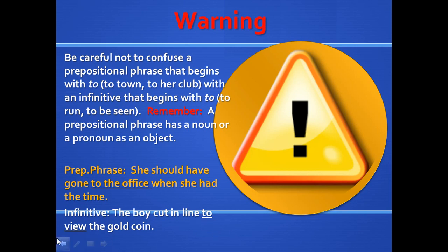So to here is the infinitive marker, and what comes after it is the verb in the infinitive or the clean form. This is the difference between the prepositional phrase and the infinitive. The prepositional phrase must have the preposition plus a noun or the pronoun. The infinitive must have to plus the clean form of the verb.